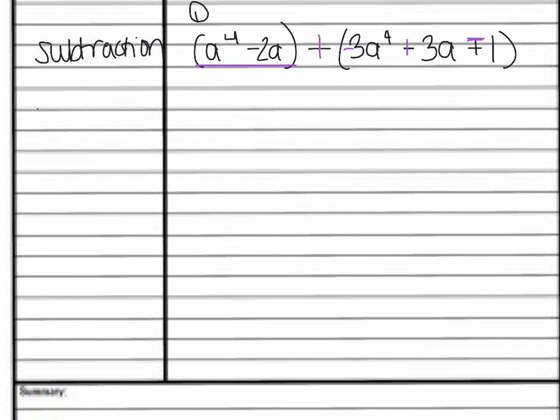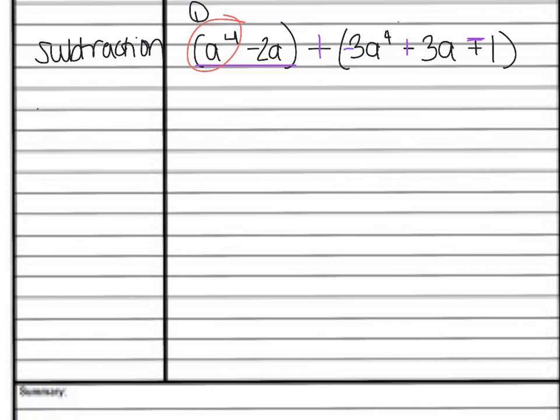So we keep our first term, change subtraction to addition, and all the terms in the second part that we're subtracting, we have to change. So now I can start combining.